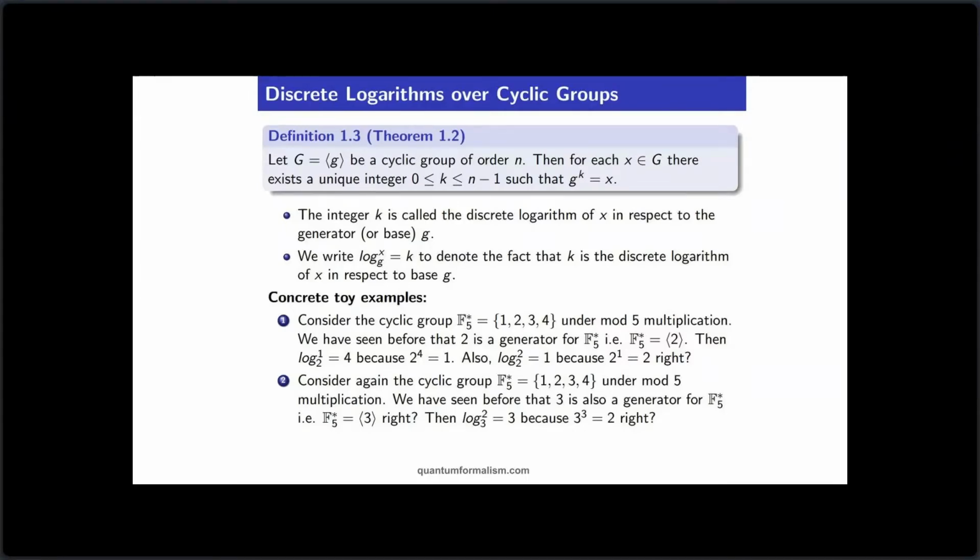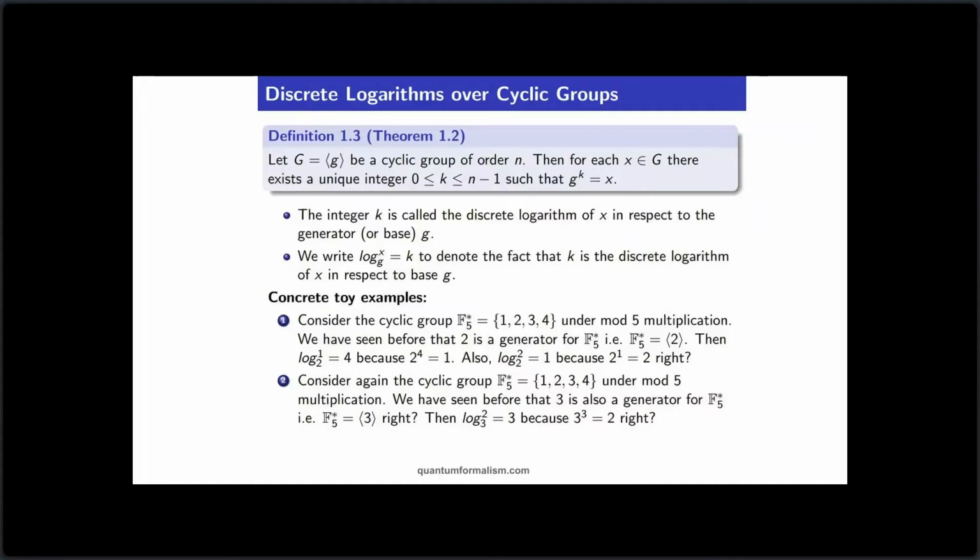Do you remember the properties of a generator from the last few sessions? Have I made a mistake? Who agrees? Who disagrees? Agree? Okay. Does anyone have any doubt? This is just a consequence of G being cyclic and little g being the generator of the group.